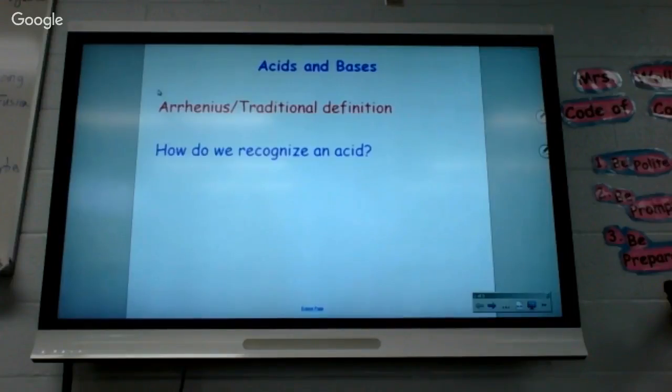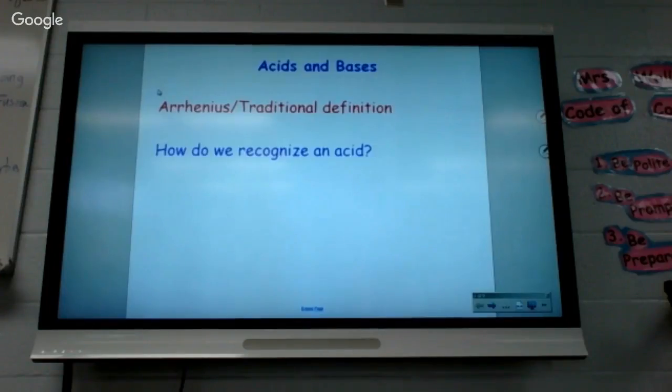The first, and the one you typically talk about in all science classes, is the traditional definition, also called the Arrhenius definition.